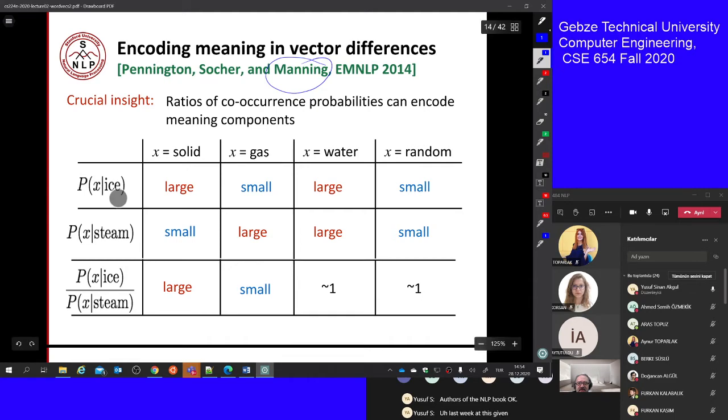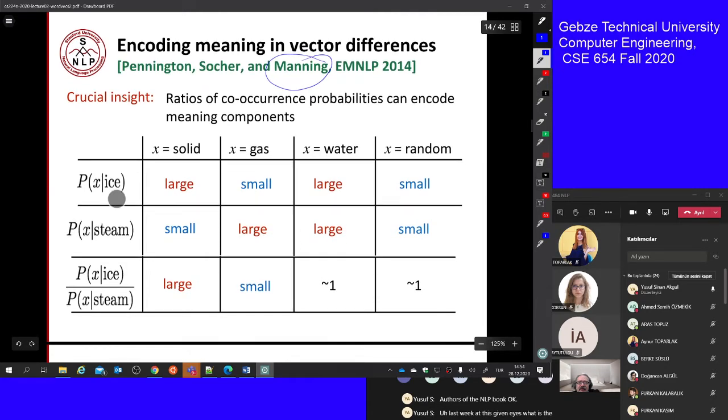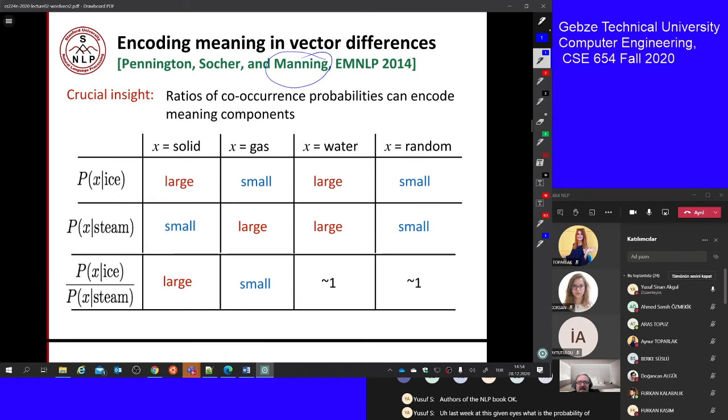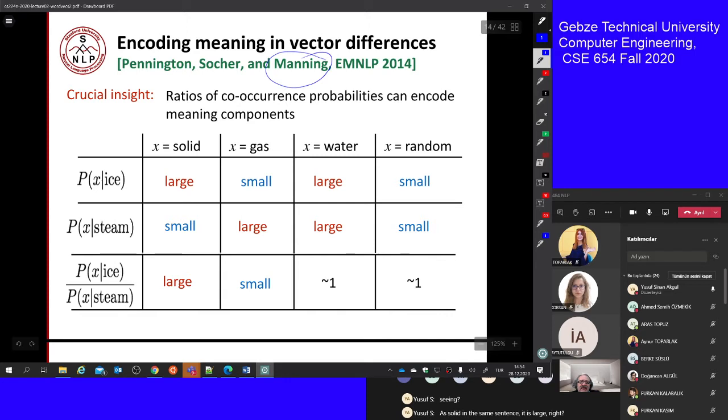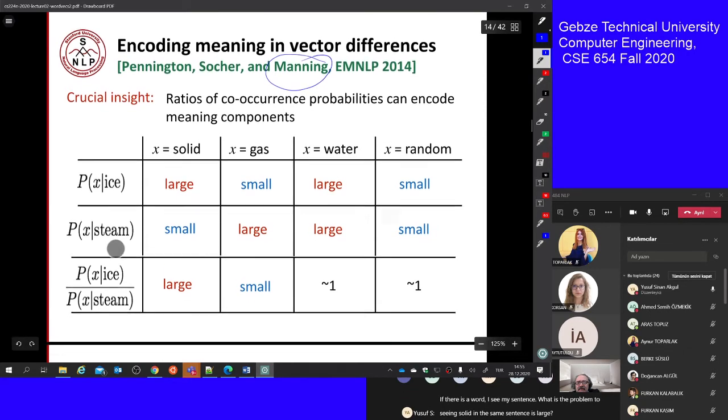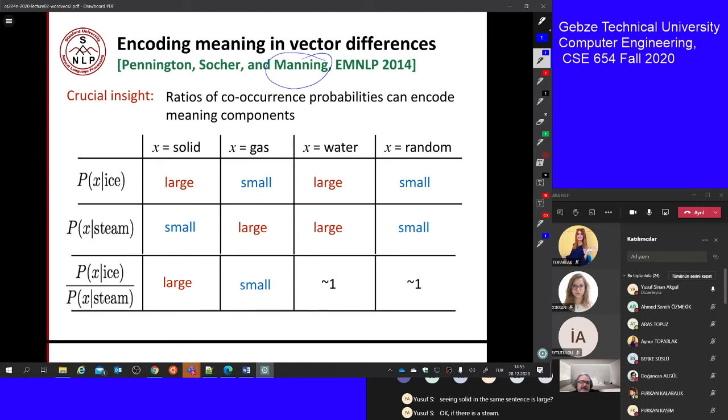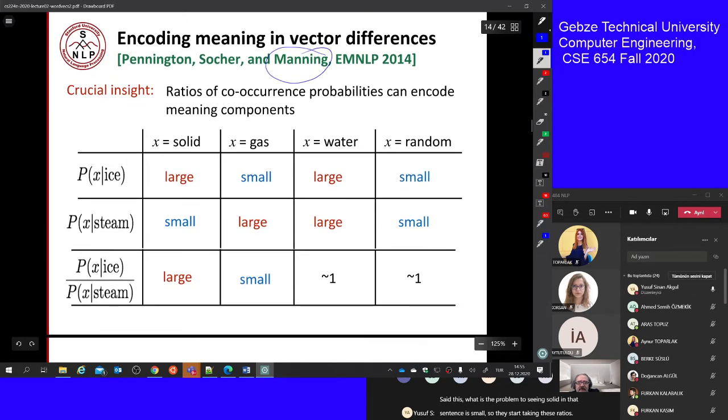Given ice, what is the probability of seeing solid in the same sentence? It is large, right? If there is a word ice in my sentence, what is the probability of seeing solid in the same sentence? It is large. Okay, if there is steam in my sentence, what is the probability of seeing solid in that sentence? It's small. So they start taking these ratios on solid, okay, between ice and steam.